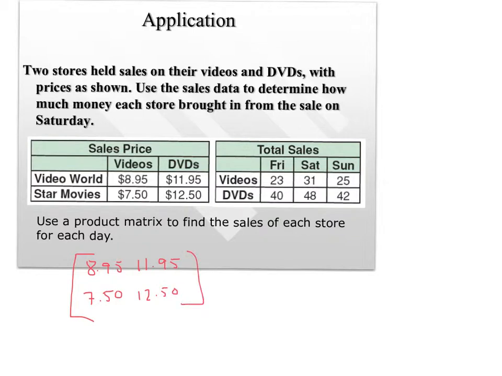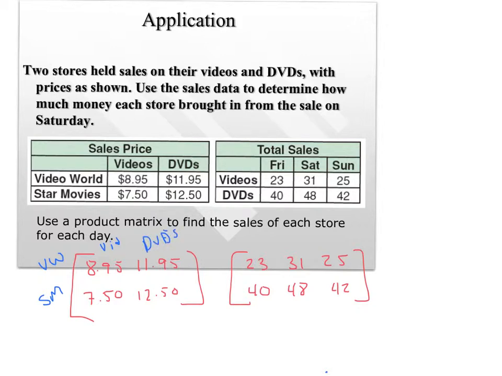I'm going to multiply this with 23, 31, 25, 40, 48, 42. And I'm going to label these: this is Video World, this is Star Movies. These are videos, and these are DVDs.